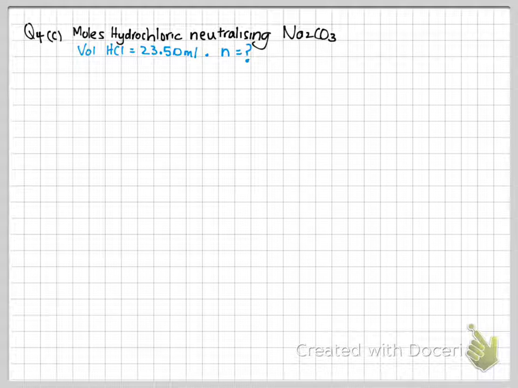Okay, now to answer part 3 of the question. Question 4C. Moles of hydrochloric acid for neutralizing sodium carbonate. I'm just writing the volume of hydrochloric acid required. The number of moles I don't know yet. What can we use? Yes, we have to use the balanced equation and go back to mole ratios and work it out from there.